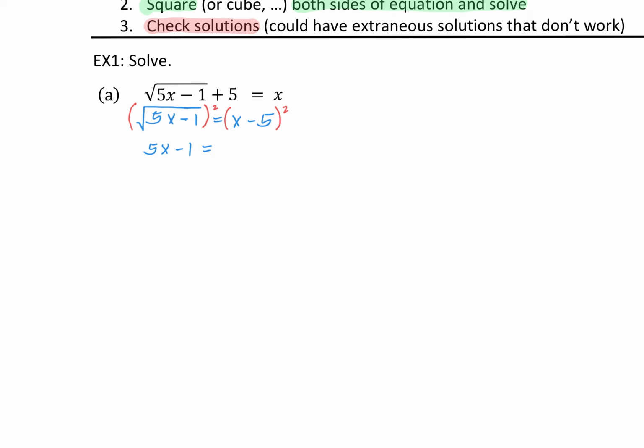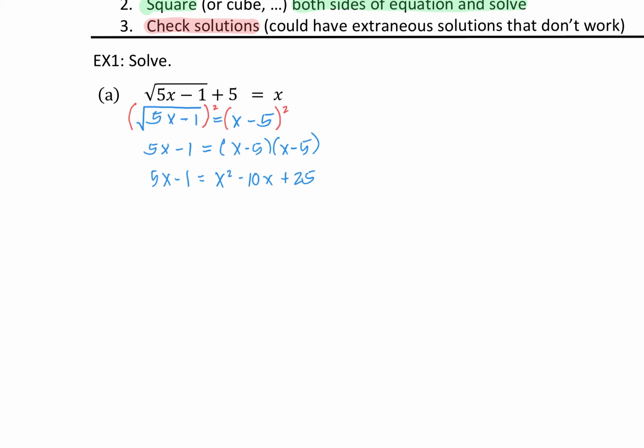Our goal was to get rid of that square root. On the right-hand side, remember, this is x minus 5 times x minus 5. So you will have to multiply that out. And when you do, you should get x squared minus 10x plus 25.